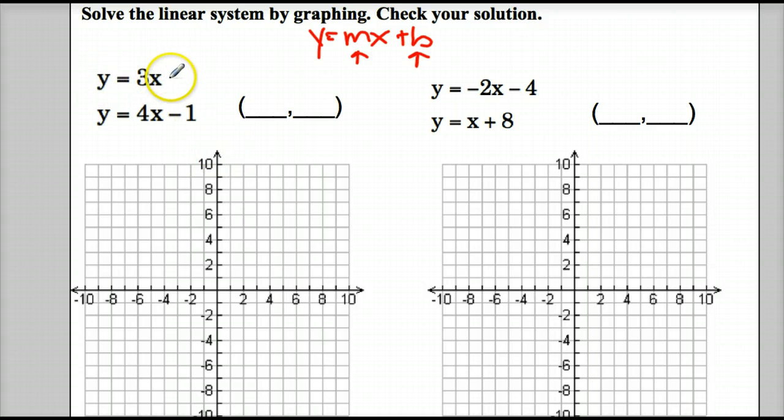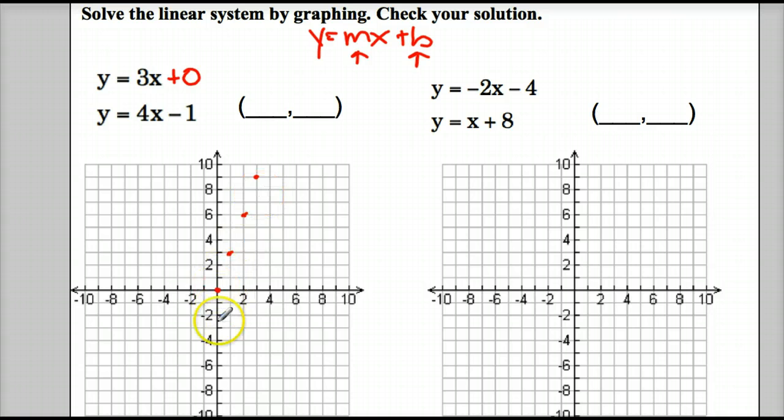Y equals 3x. So the slope is 3, and there's no b here. We could almost put a +0, but you don't even have to do that. But that just means that the y-intercept is right here at the origin. So y equals 3x means we go up 3 over 1, up 3 over 1, up 3 over 1, and we run out of room.